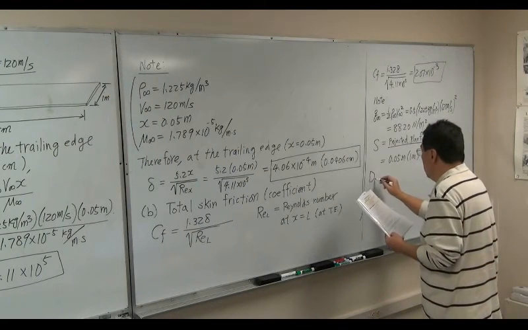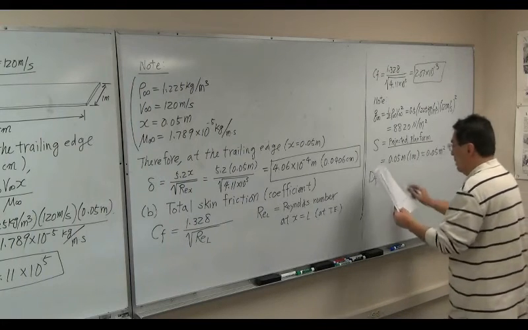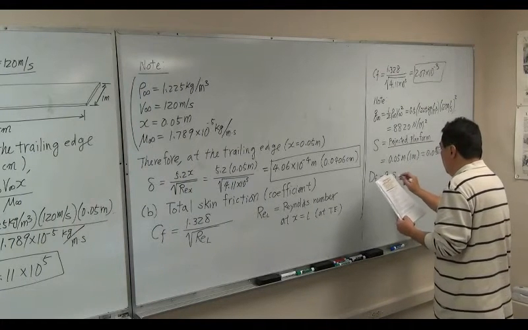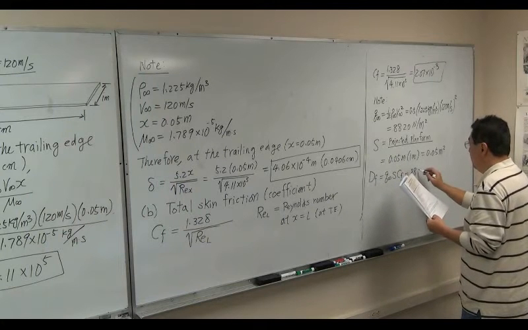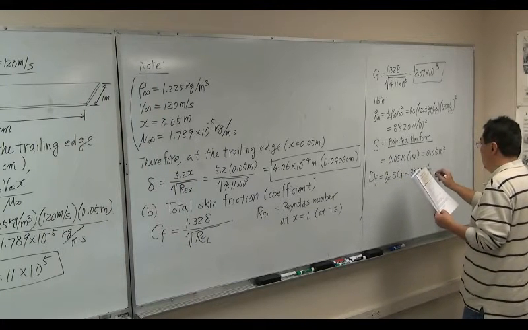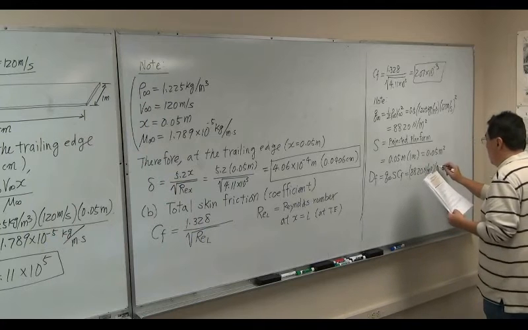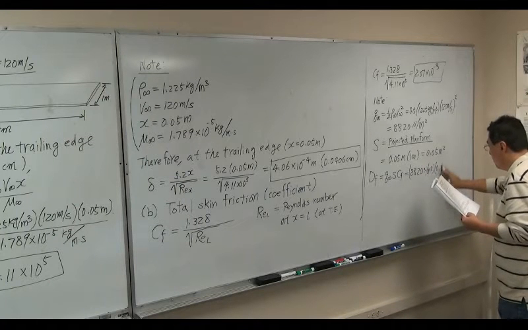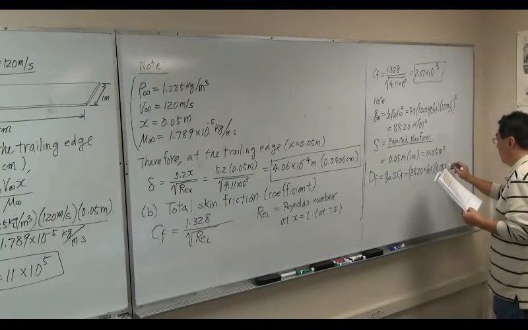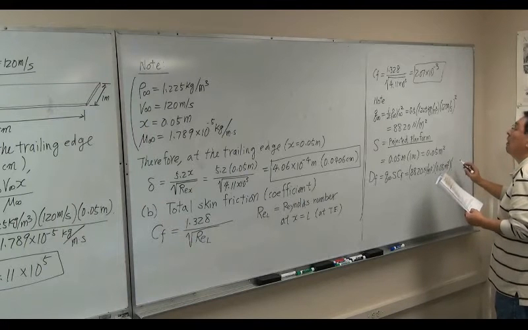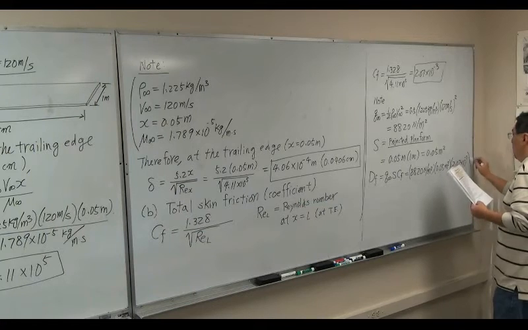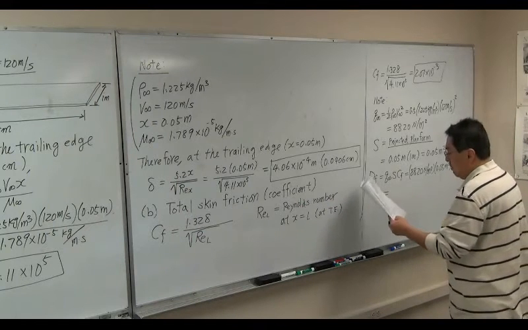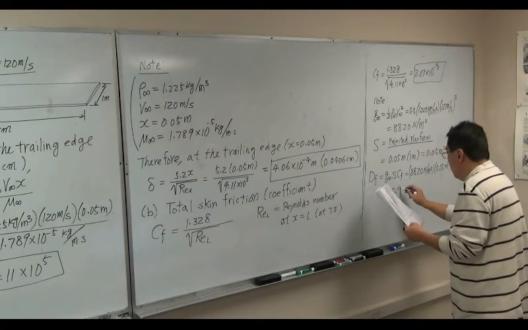Therefore, skin friction drag is q infinity S CF, which is 8,820 times 0.05 meters squared times 2.07 times 10 to the minus 3. Drag is 0.913 Newton.